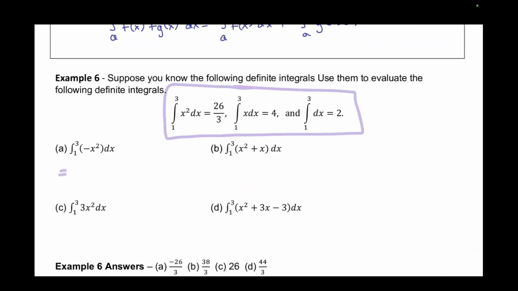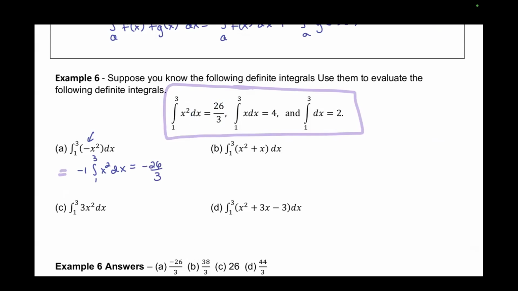This, I just have a negative sign, which is a negative 1 times. I can pull that out of the definite integral, essentially. That's what we saw with that example where I was multiplying by 3. All right, the integral from 1 to 3 of x squared dx, looking here, is 26 thirds. So this will just be negative 26 thirds.